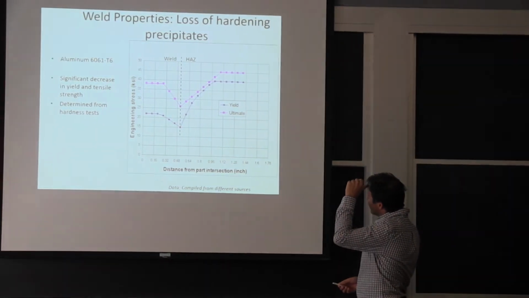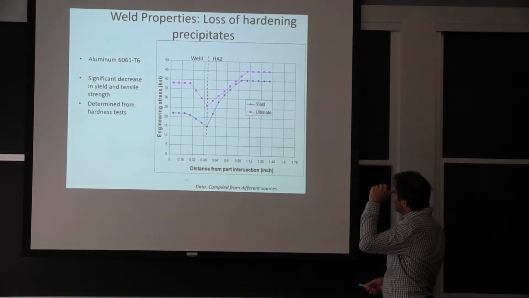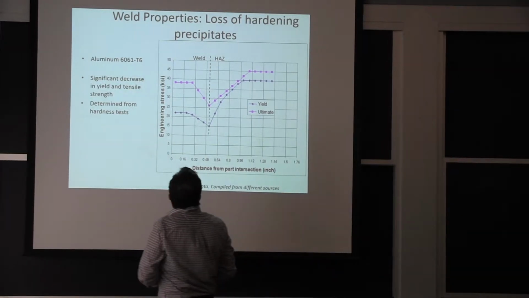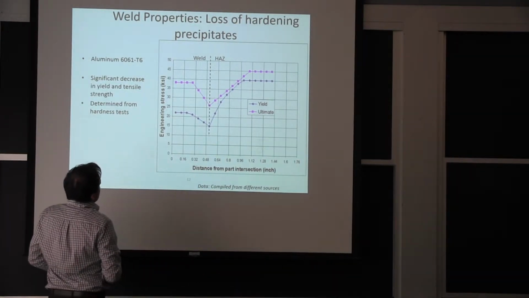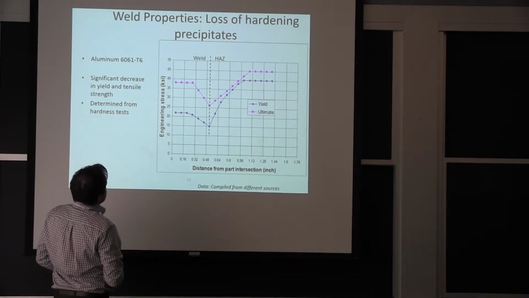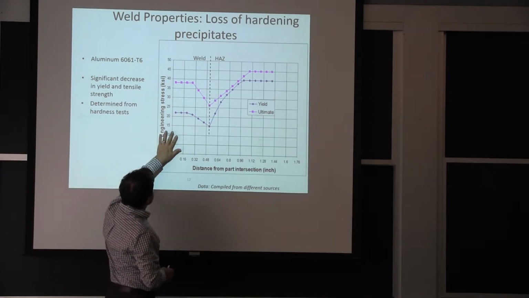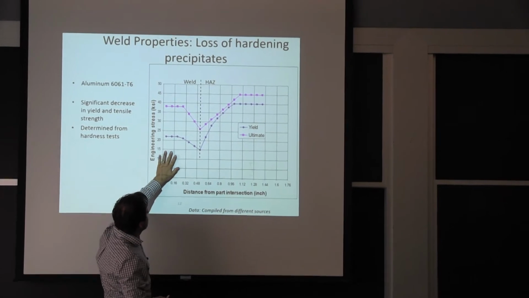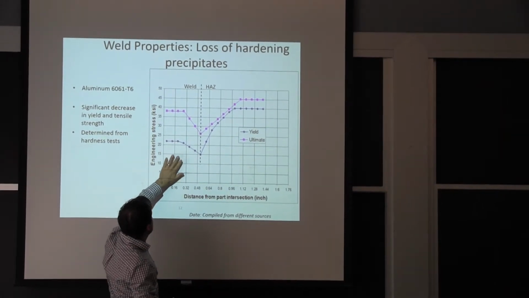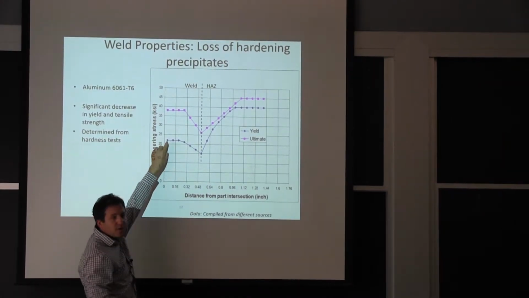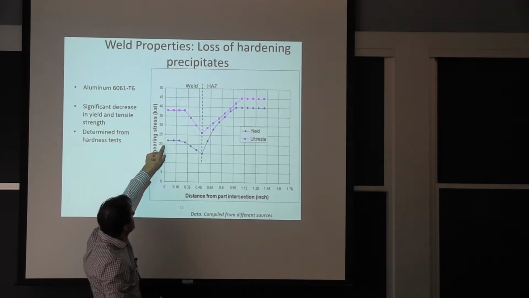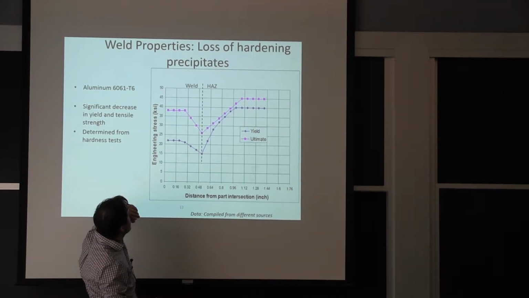And I'm showing here some data that we used before on the project. We're going through the heat affected zone. It's a cross section through a weld. So you have the weld here, which has its own properties. You can have some welding electrodes that give you relatively good yield strength and ultimate tensile strength.